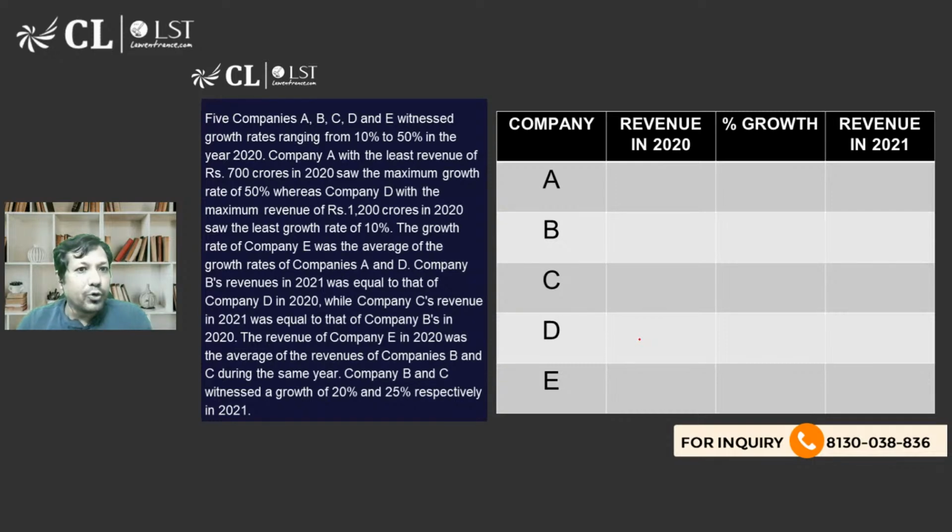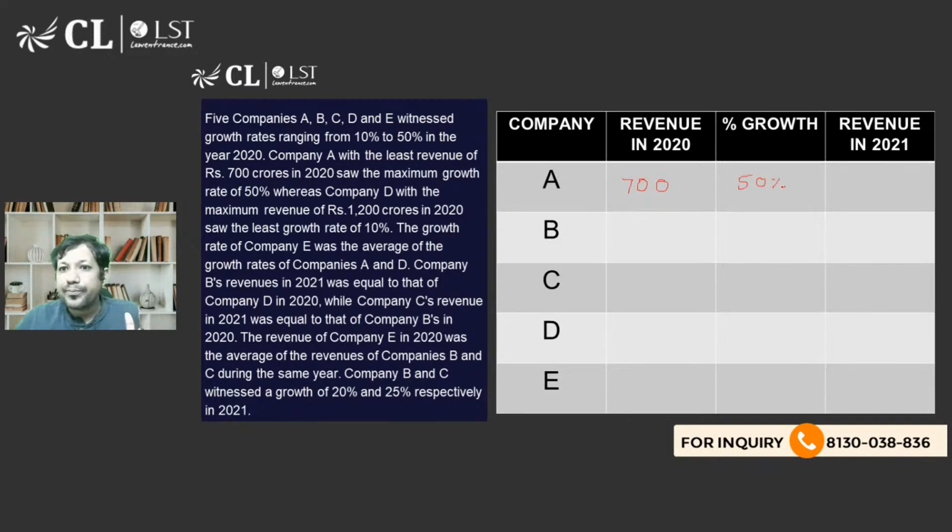So I am going to start by writing the direct information. Company A with the least revenue of 700 crores in 2020, so A is 700, that is directly given to us. Growth rate is 50%.